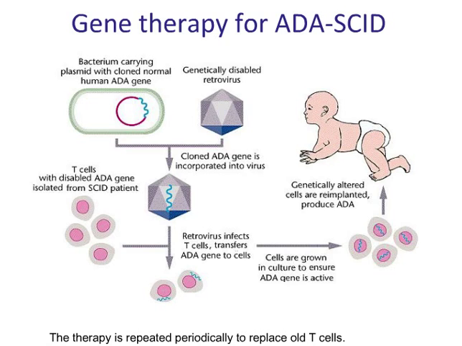The initial gene therapies developed in the 1990s for ADA-SCID involved transferring the ADA gene into a genetically disabled retrovirus and then infecting T cells that had been isolated from the SCID patient. These cells were then cultured and expanded ex vivo until they had enough cells to transplant back into the SCID patient.